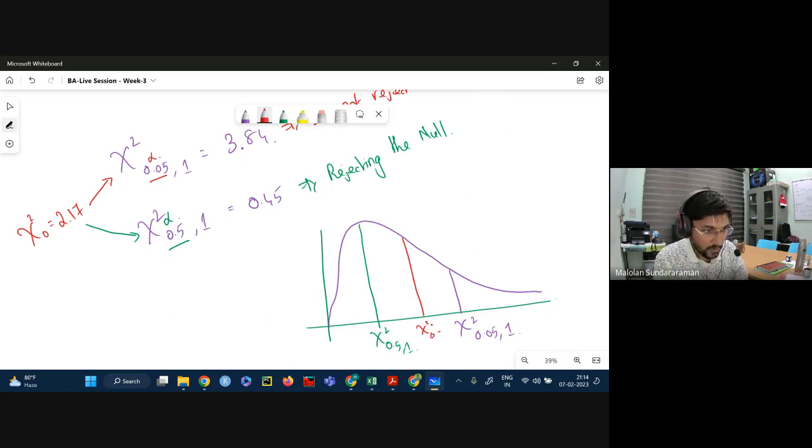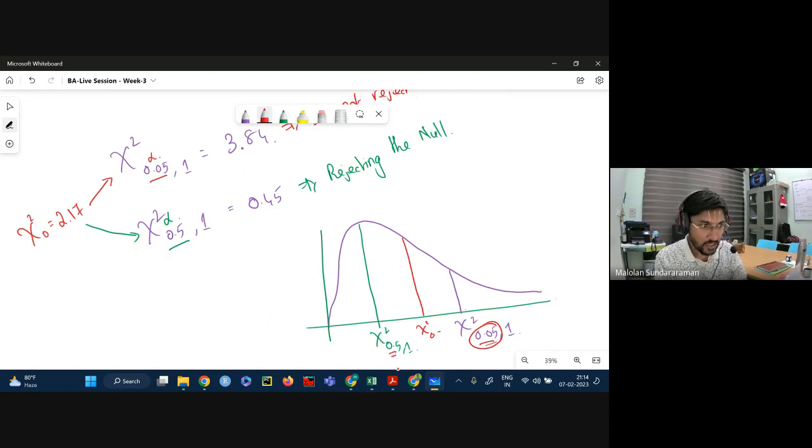So at this alpha, you do not reject the null hypothesis, whereas at this alpha, you reject the null hypothesis. That is why you call it level of significance. At the level of 5% significance, I do not reject the null. At a level of 0.5% significance, I will reject the null.